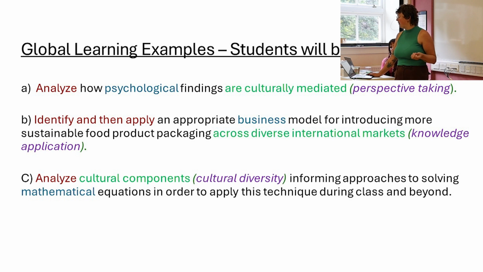Second example, you might have students identify and then apply appropriate business models, this is a business class, for introducing more sustainable food product packaging across diverse international markets. So this is really focusing on that knowledge application competency that they highlighted. The last one, you might have students analyze cultural components. This is the cultural diversity competency, informing approaches to solving mathematical equations in order to apply this technique during class and beyond.